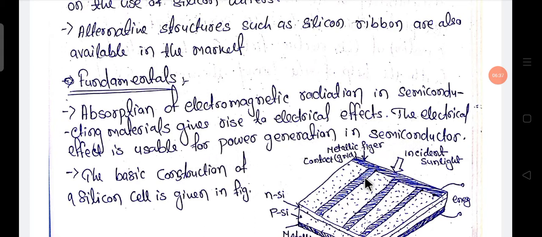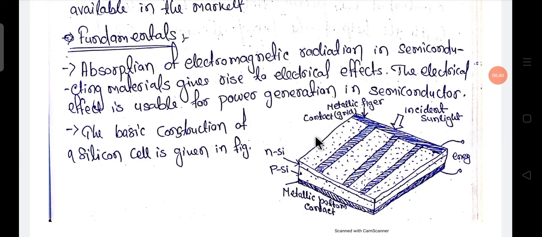That means, see, this is one solar cell. Note that the solar cell has a semiconductor PN junction, and that PN junction is used as a solar cell. Here you see the P type silicon semiconductor is there, and above that the N type silicon semiconductor is there.